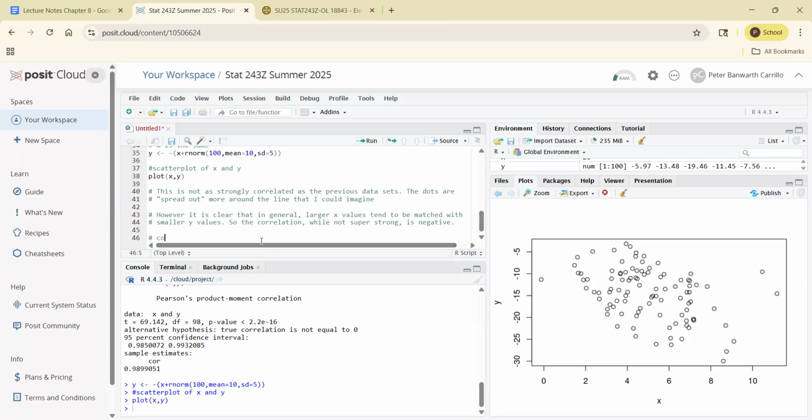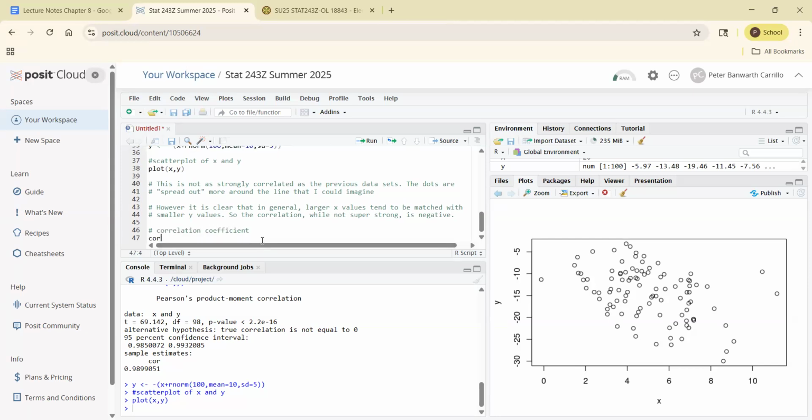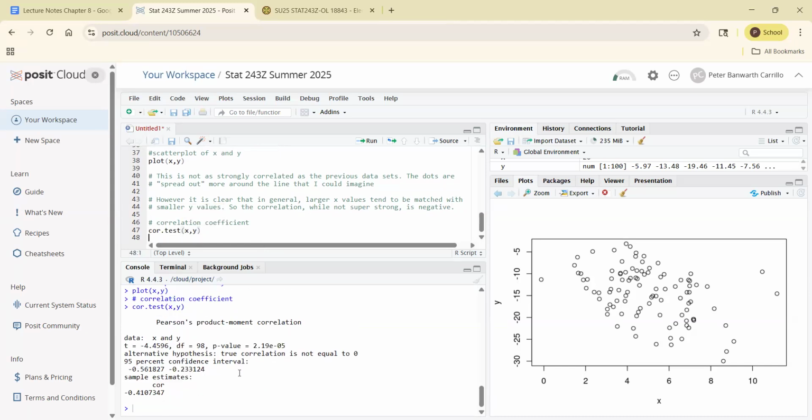Let's take a look. Cor.test X, Y. And we get a correlation equals negative 0.41. That's negative, first of all, and it's not super close to -1.